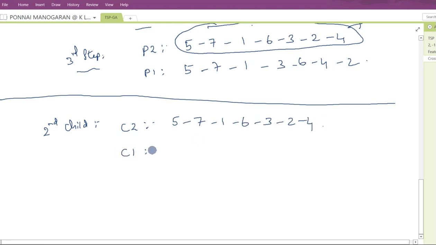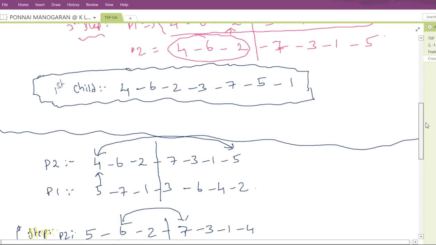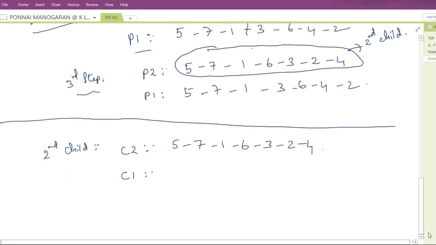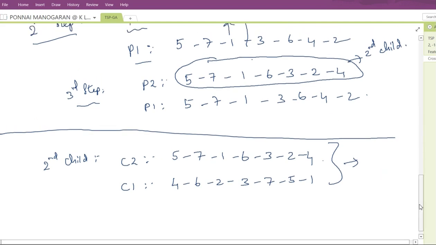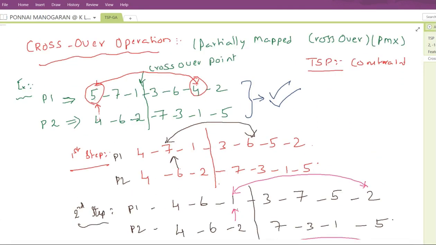Similarly the first child, we have already calculated, is 4, 6, 2, 3, 7, 5, 1. So in this way child paths are produced.